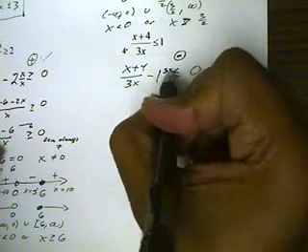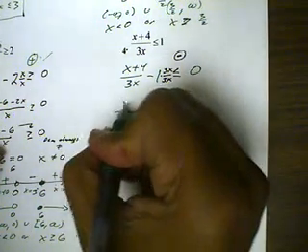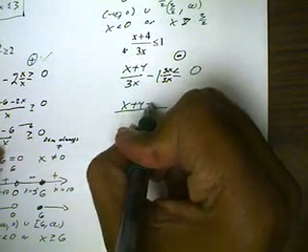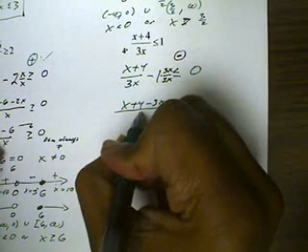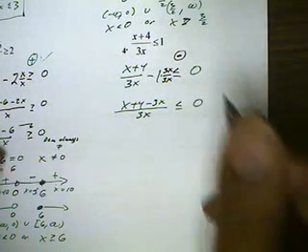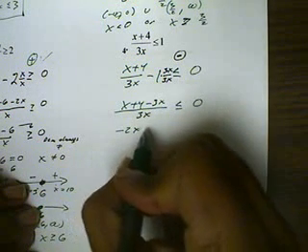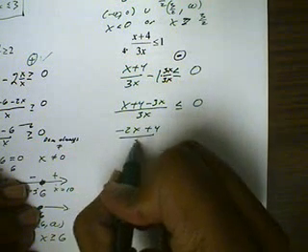So we're going to multiply this by 3x over 3x. As a result, we're going to get an x plus 4 and a negative 3x all over 3x. And that'll be less than or equal to 0. The x and the negative 3x combine to give us a negative 2x plus 4 all over 3x.